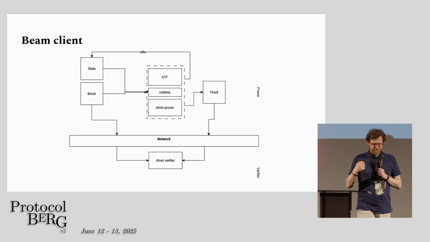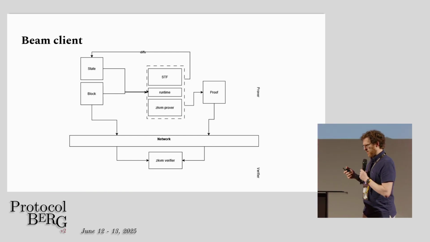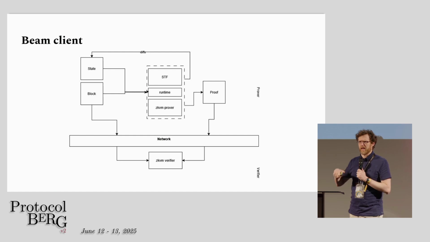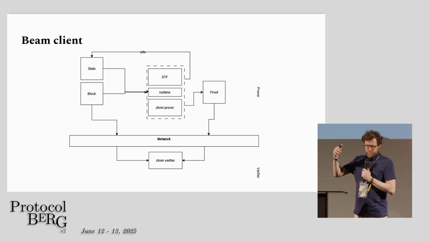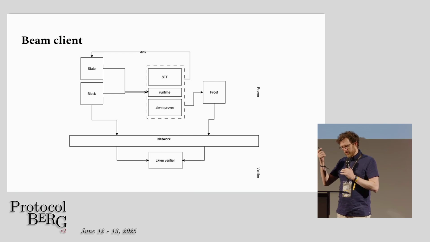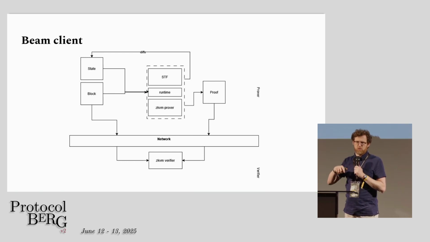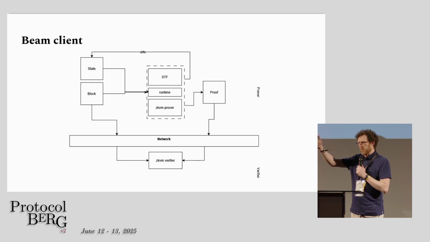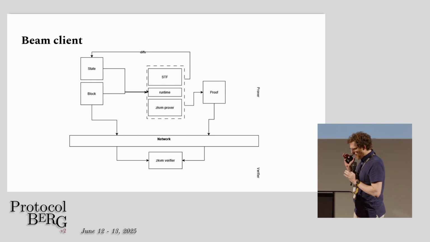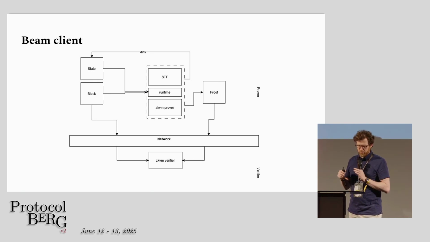But in zkVMs, we do that a bit differently. We don't actually execute the block. Instead, we pass it through a tower of components that I will describe later. And what comes out of this group of components is a proof, and also potentially a state diff that you can use to circle back and update the state with, so that you can be ready for the next block. Very sketchy, but that's the gist.